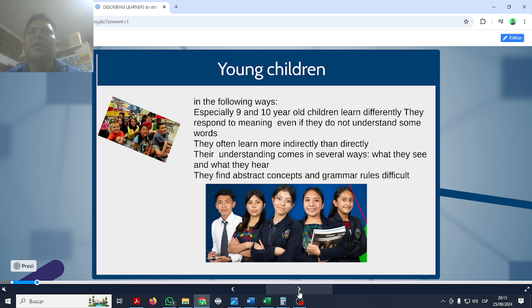And if a teacher knows the age of their students, the teacher knows which techniques and activities to use to teach them.